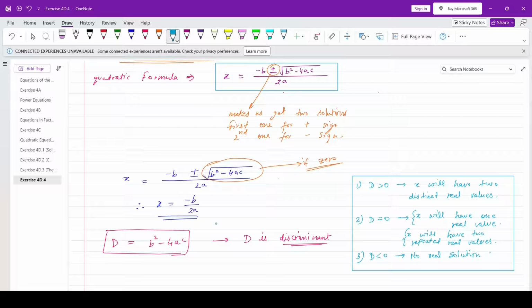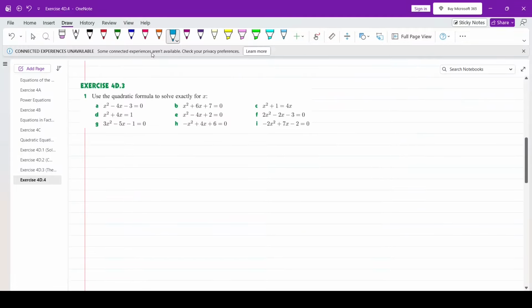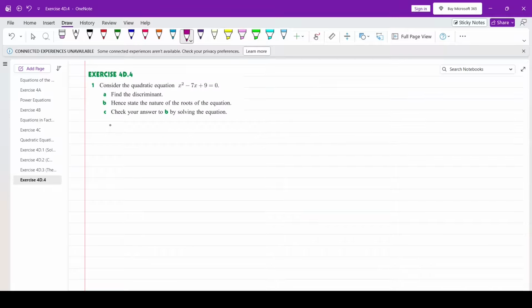Now let's go and solve some questions from exercise 4D.4. Use the quadratic formula to solve exactly for x. Consider the quadratic equation x squared minus 7x plus 9 is equal to 0. Find the discriminant. Now we know a is equal to 1, b is equal to negative 7, and c is equal to 9.